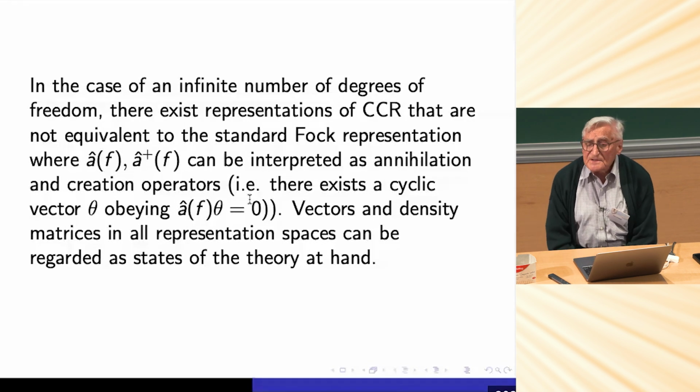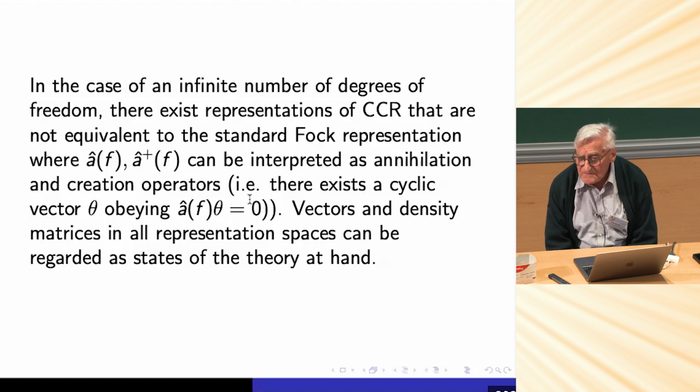This is the standard Fock representation that physicists usually use. But there are many other representations, and you cannot really restrict yourself to Fock representations. You should consider all of them.